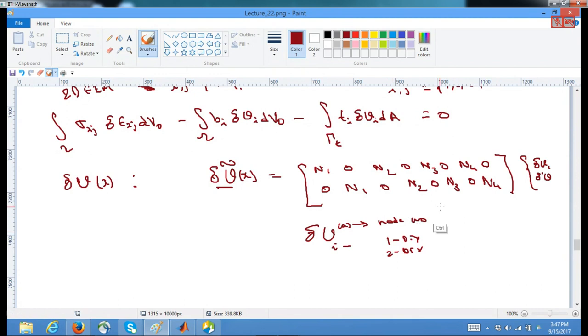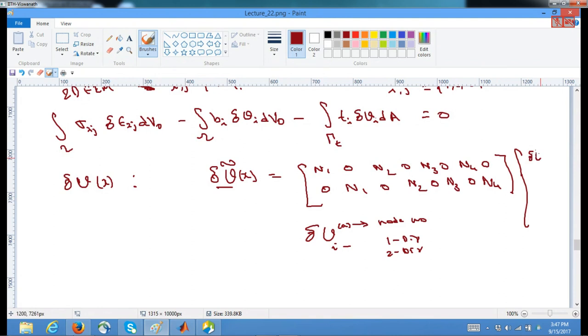So unlike the notation we used to have in 1D, because in the higher dimension we have two things coming up: we have the direction as well as the node numbers running.